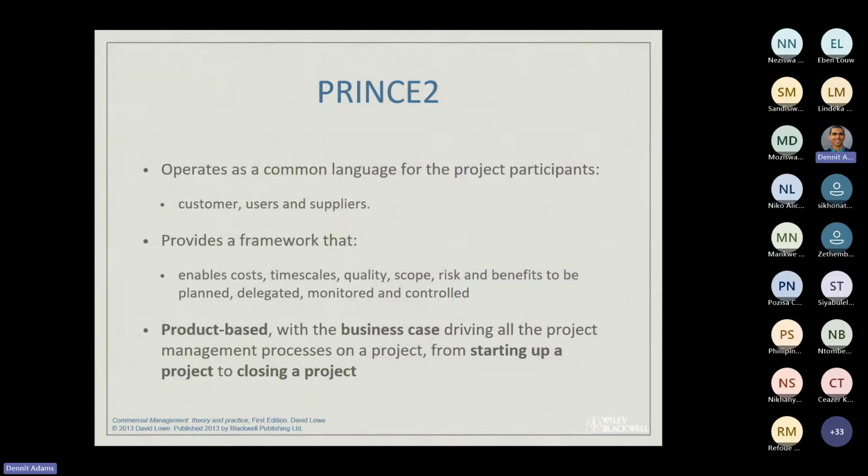essentially it provides a framework that enables costs, timescales, quality, scope, risk, and benefits to be planned, delegated, and monitored and controlled. It is product-based, with the business case driving all project management processes on a project from starting up to the closing of a project. So if I bring you back to chapter 1, the commercial management framework, there is the startup, so there's the before the project actually starts.